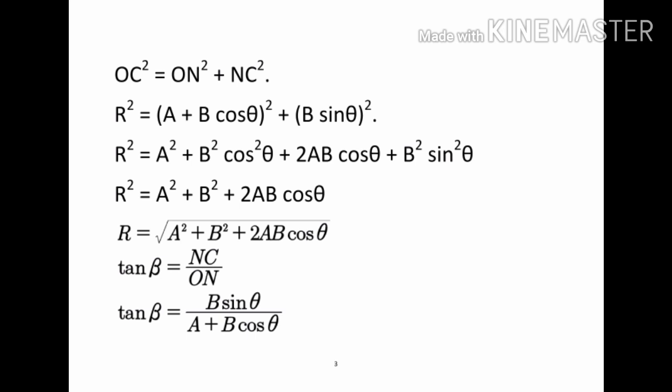Therefore, tan beta is equal to B sin theta by A plus B cos theta. In that manner, by using this parallelogram law of vectors, if we know the two vectors' magnitudes and the angle between them, we can find the resultant and the direction of the resultant with A bar.